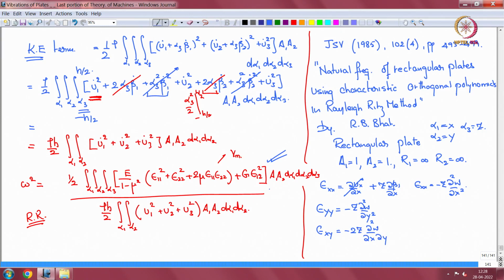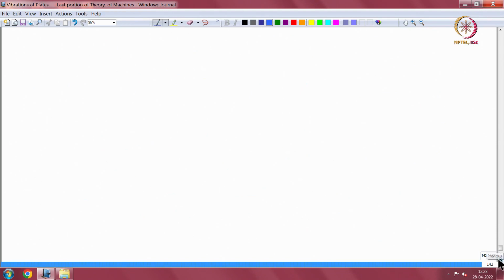So how does this term look for a rectangular plate?